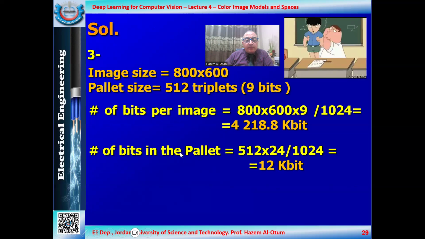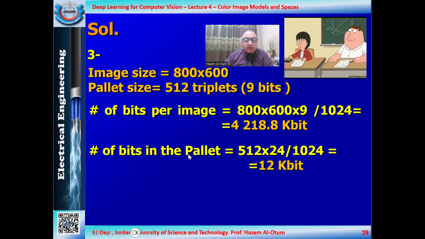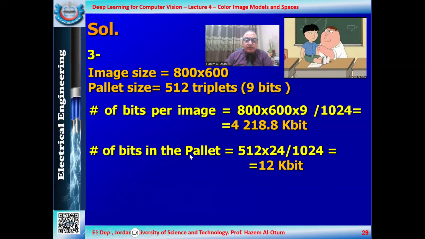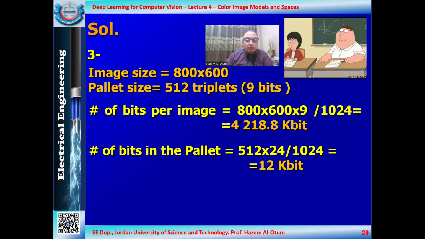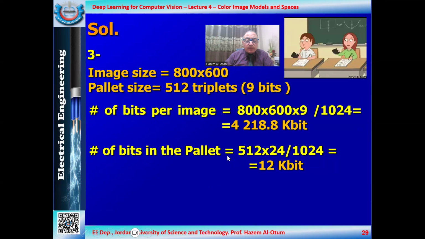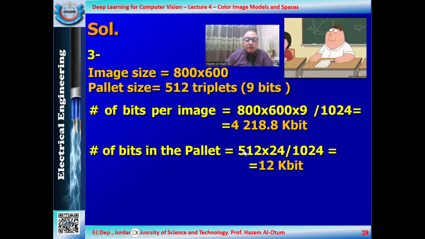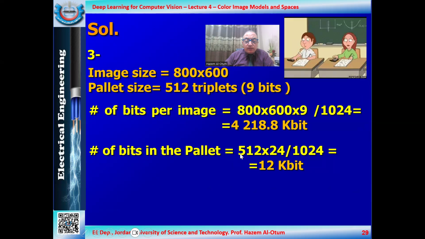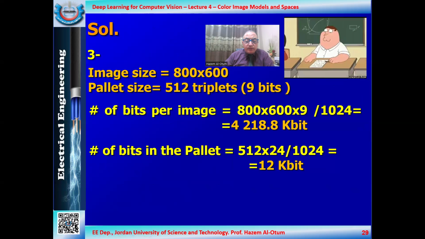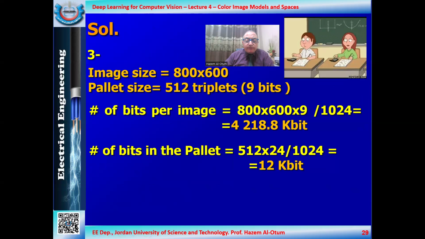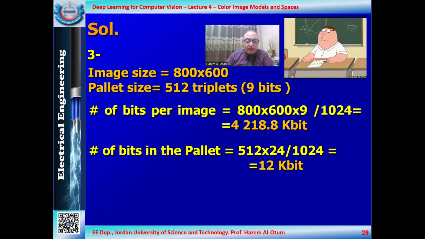Now the number of bits in the palette. What is the palette? It's the table. So the table is ordered from 0 up to 511 in this case. In this table we have RGB pixels, having 512 rows, starting by 0 and finishing by 511.